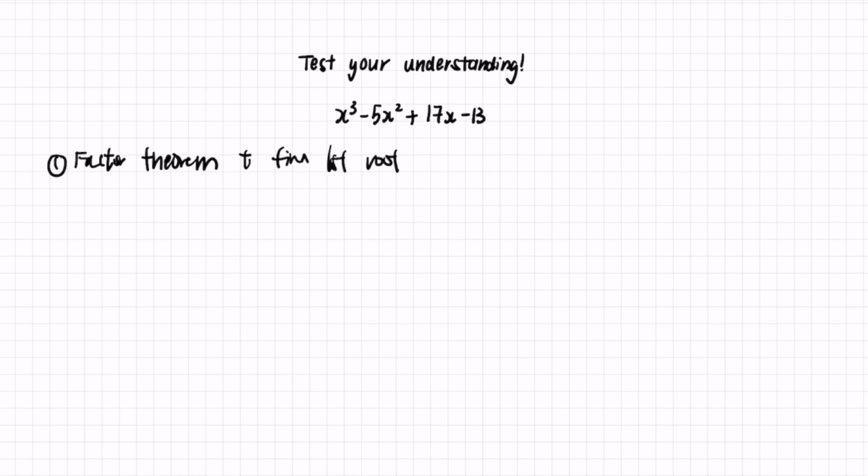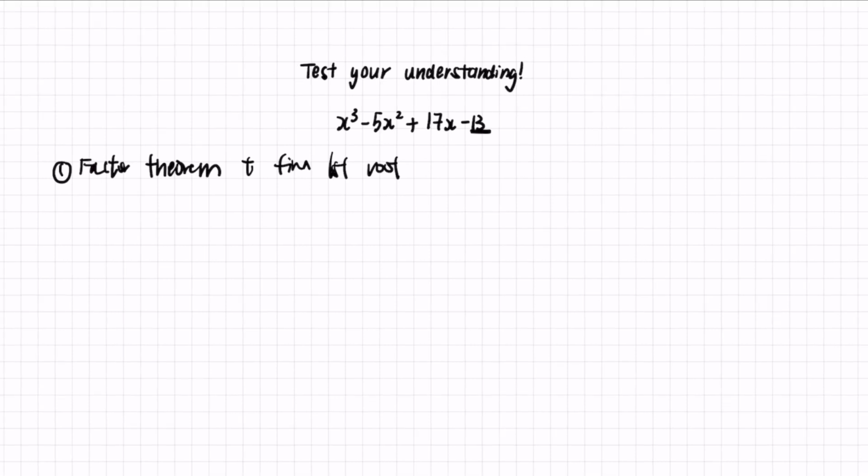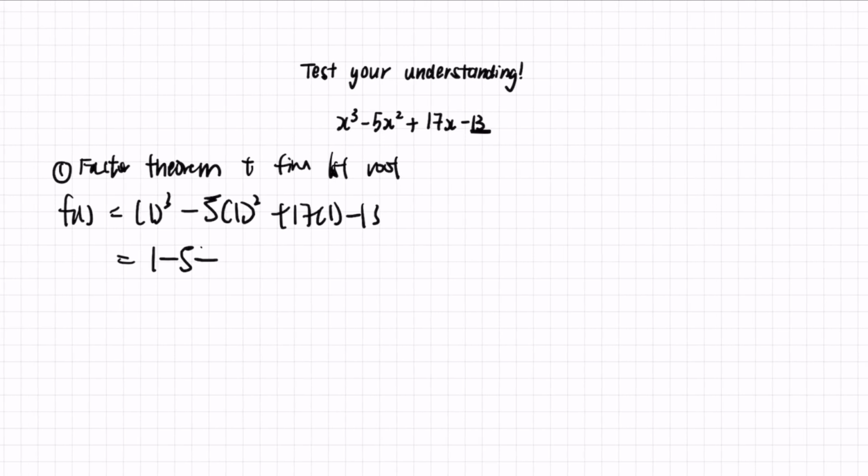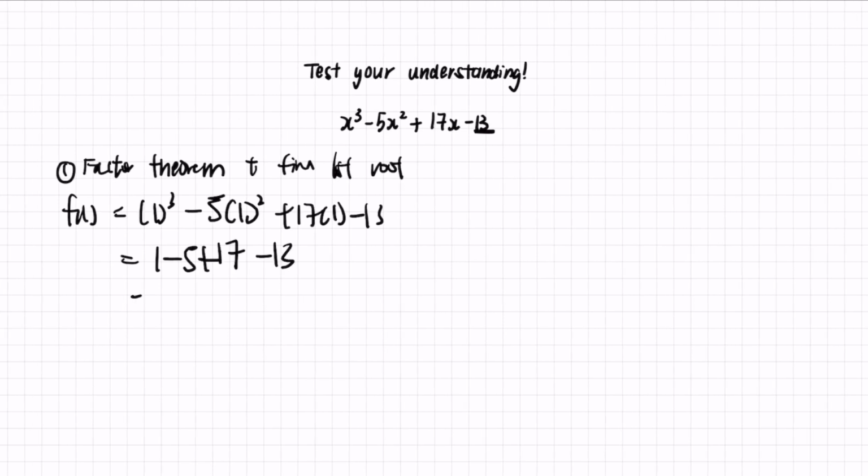Since this is 13, I'll first test 1, negative 1, 2, so I'll test 1 first. f(1) is 1 cubed minus 5 squared plus 17 plus 13, 1 minus 5 plus 17 is 13, 4 plus 4 plus 4. This equals 0, so 1 is a factor.